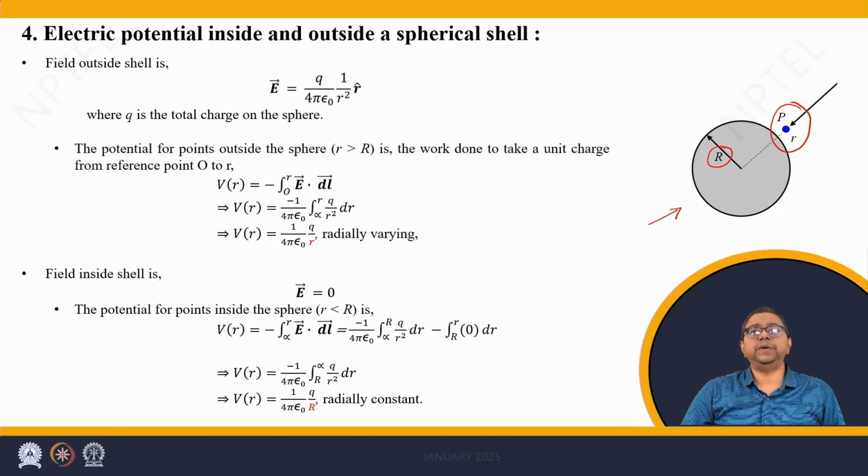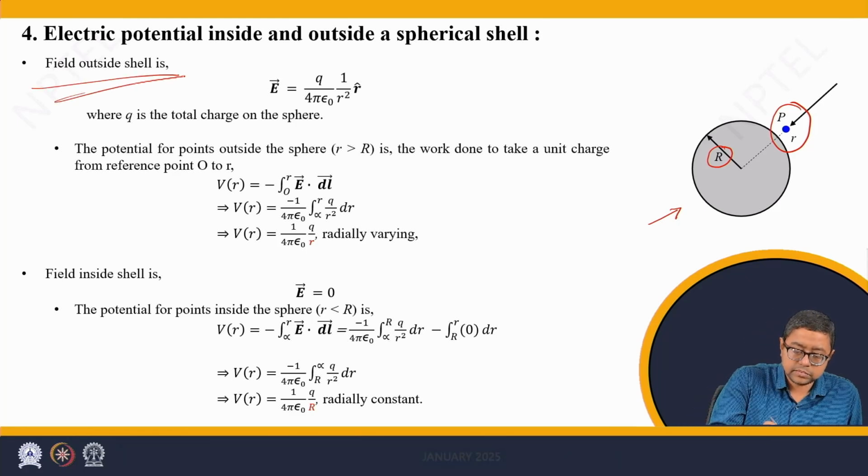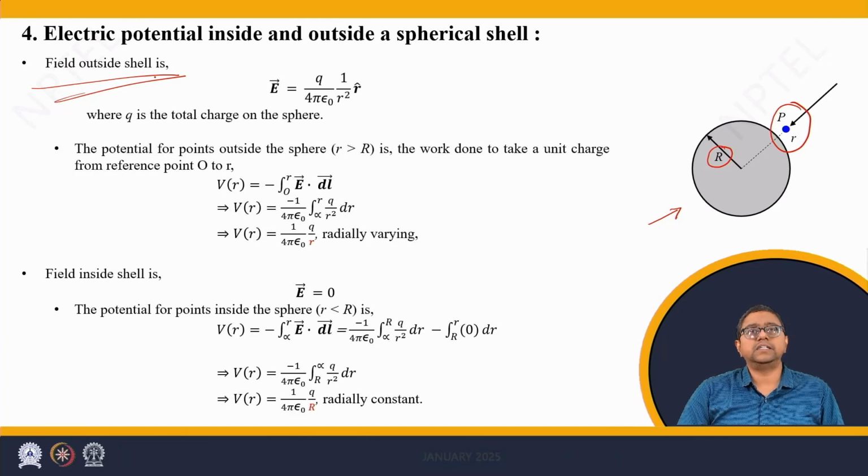Now, this point P is at a distance little r from the center of the spherical shell. Now, little r is greater than capital R for the case where P is outside the spherical shell. This case is considered first.